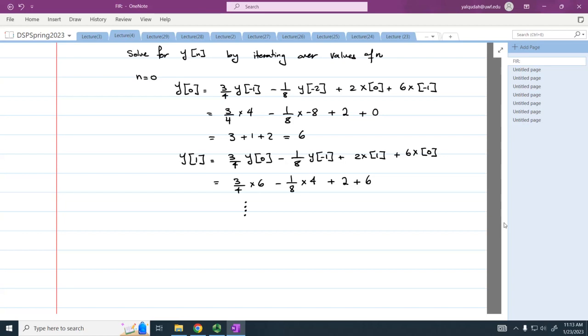If I want to calculate using the convolution, what do I have to do? I have to calculate h of n from this difference equation, and I know the input x of n. I can convolve them to get the output. Make sense? Okay. Any questions?